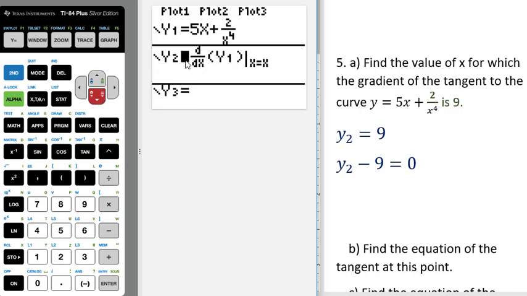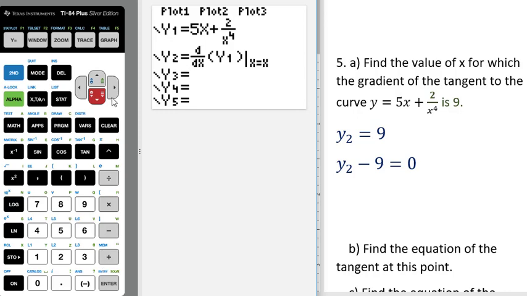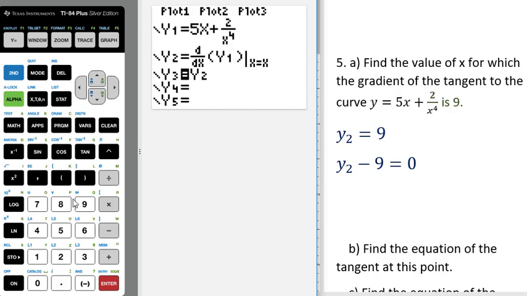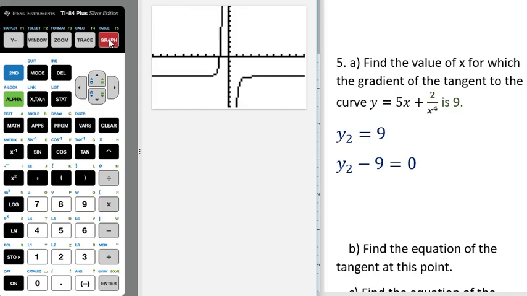For y2, I don't want to graph either. Then go to y3. I need to put alpha trace y2, then minus 9. Let's check what kind of graph it is.